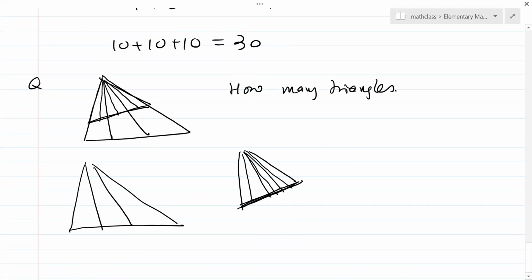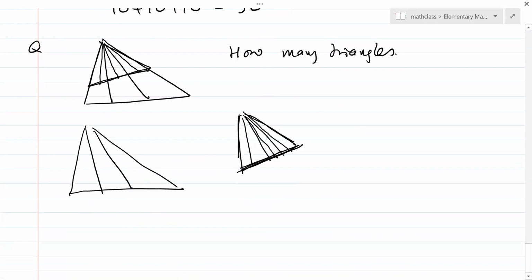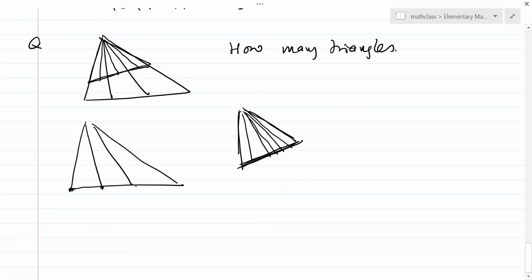So here, how many triangles do we get? 1, 2, 3, 4, right? 3 plus 2 plus 1, 6. But how many points here? 1, 2, 3, 4, 5, 6, 7. So from the first point you get 6 triangles. So 6 plus 5 plus 4 plus 3 plus 2 plus 1.